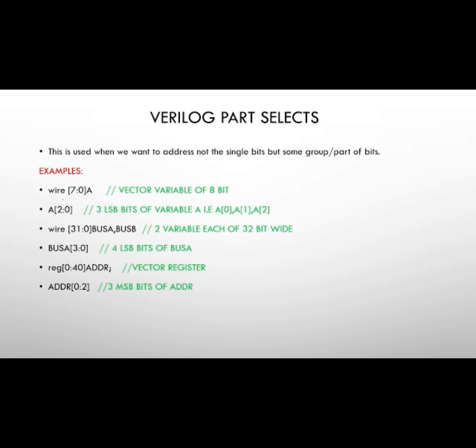Let us see some more examples. A 7 down to 0 means it is 8 bit, allocated like this: 1, 2, 3, 4, 5, 6, 7, 8. So it is from A of 0 to A of 7.